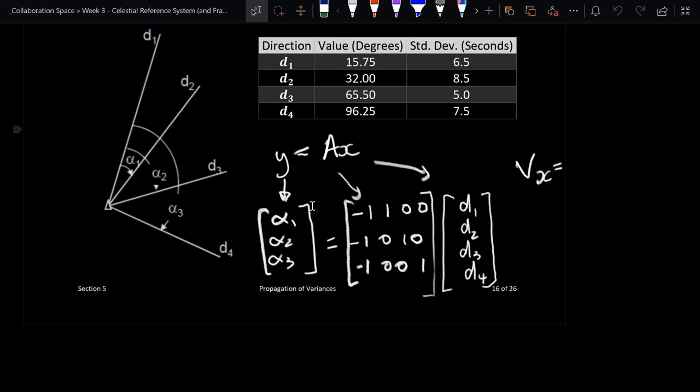Now there are four directions, so our variance covariance matrix would be a 4x4 matrix here.